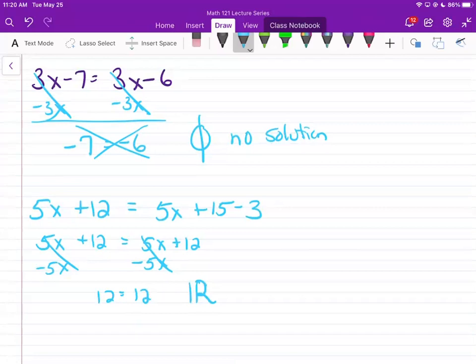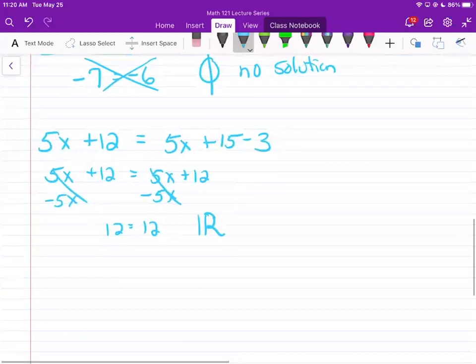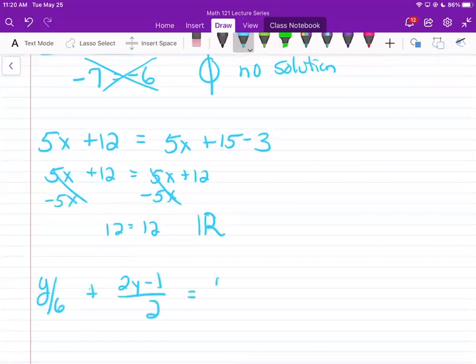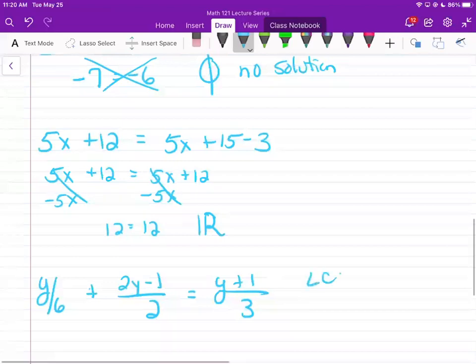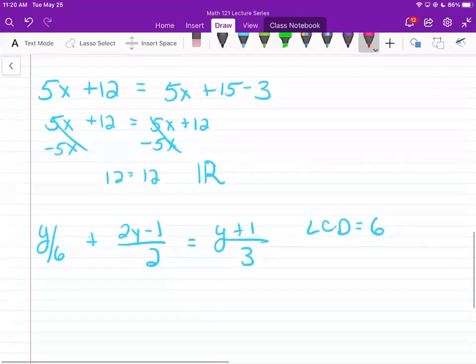One place that students often have trouble is when a fraction shows up in their equation. Don't forget, you have a way to clear the fractions. So for example, if I have something like this that I am dealing with, if I want to get rid of those fractions, I find the least common denominator, which in this case is going to be 6, and then I want all of those denominators to match 6.